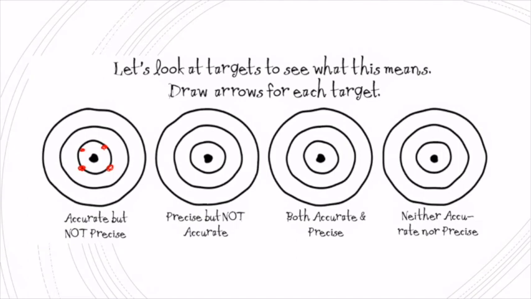If it's precise but not accurate, they're all very close to each other, but it's not close to the target. If we have both accurate and precise, our measurements would be close to each other and close to the target. And if we have neither, they could be all over the place.